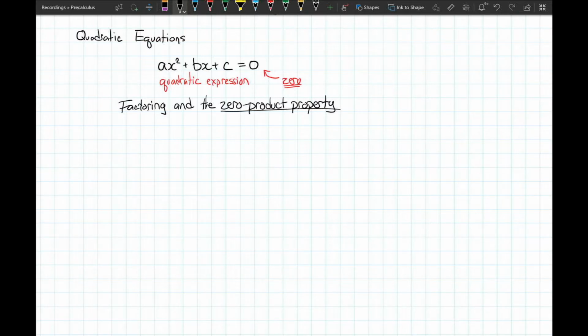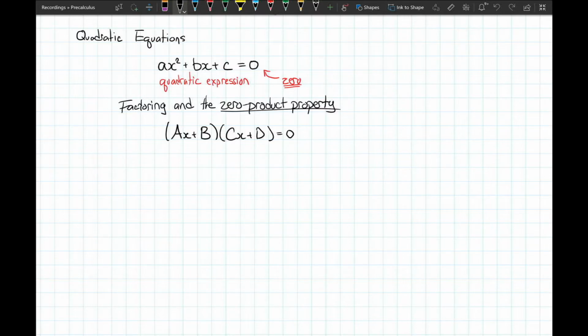Maybe you have something, I'll use capital letters here, of the form (Ax plus B) times (Cx plus D) equals 0. You'll notice that in each of those brackets we have only constants and terms with x, and those would be linear expressions that are multiplied together.